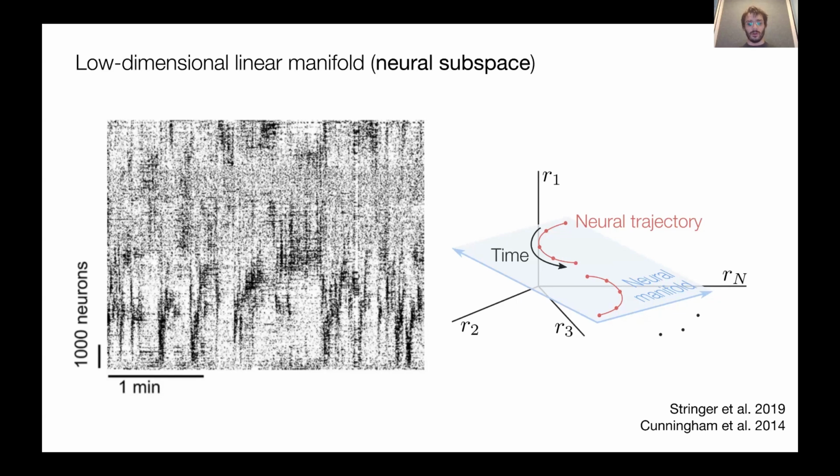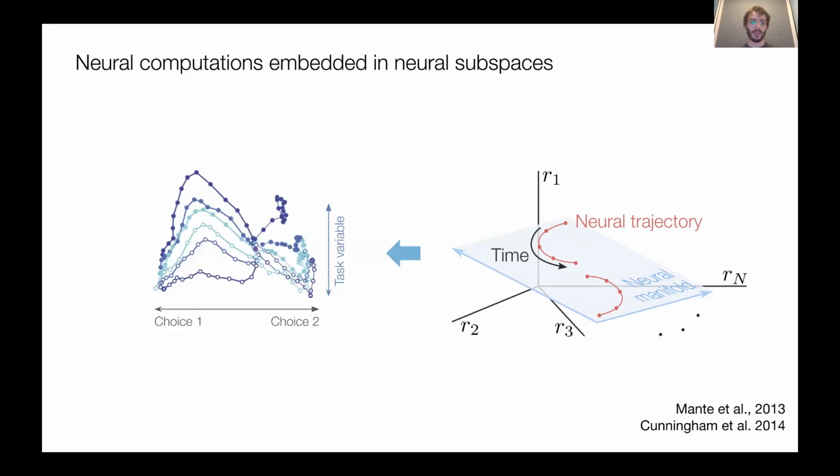So now, just as we did for the two-dimensional example, where we projected it on a one-dimensional line, we can project this 10,000 dimensional data onto this two-dimensional plane. And we can visualize the data directly within this plane. And that's how it looks like.